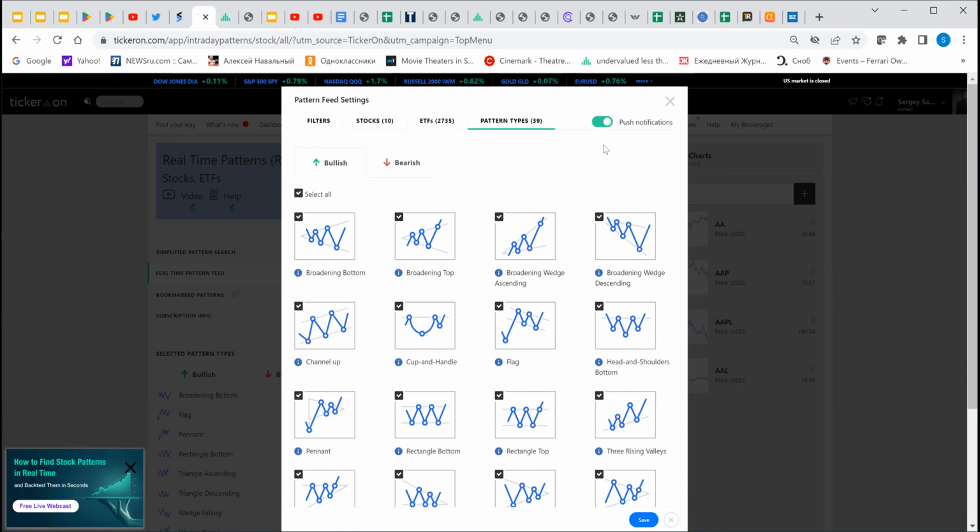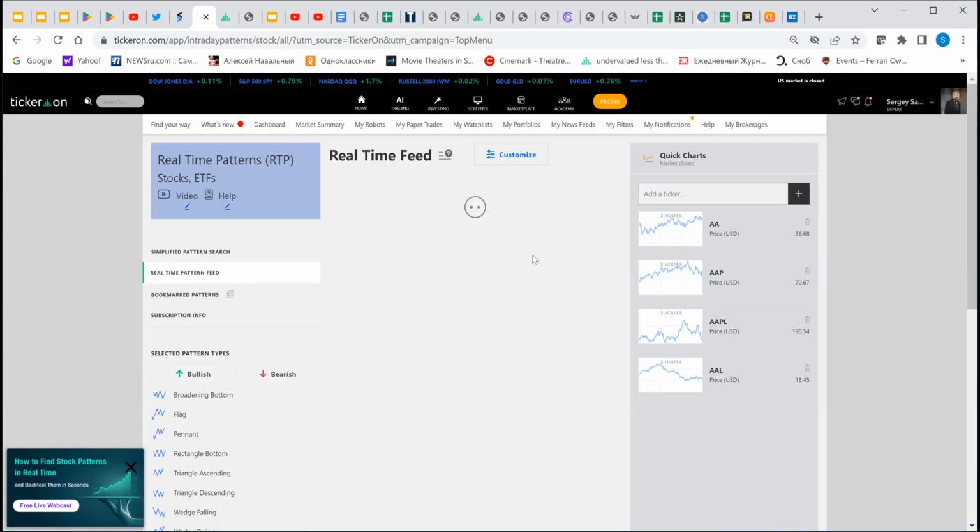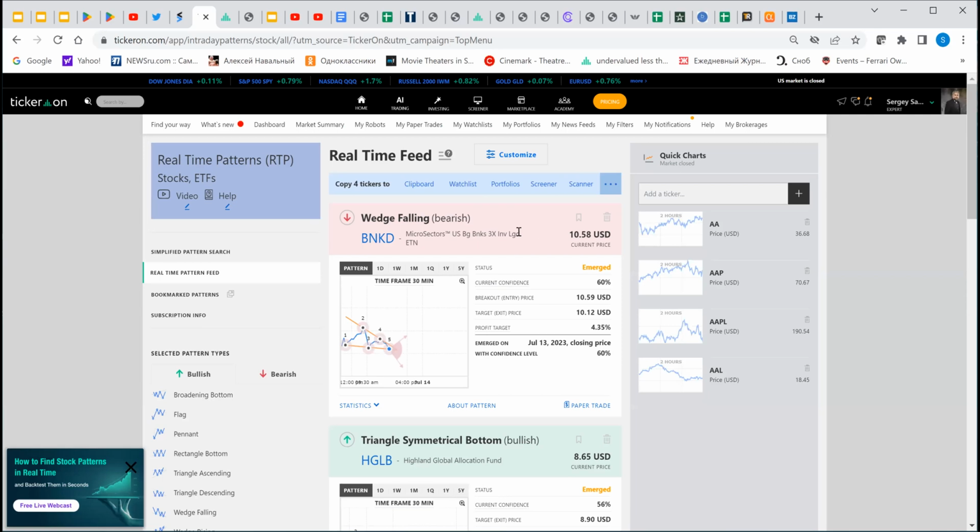And it's important to click here for push notifications, and that's where you're going to get push notifications either on your mobile device or on a screen, as well as emails, okay? So we'll click here, save. And now we went through all the customization elements to find this type of patterns, okay?